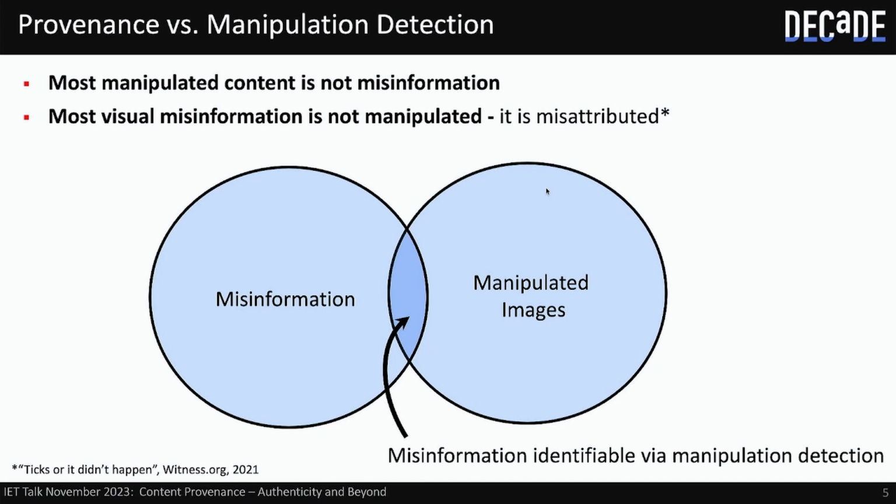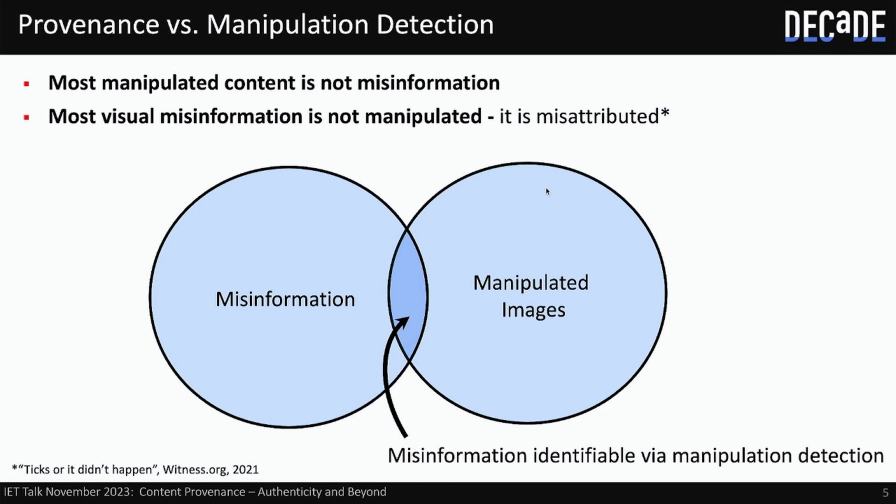It's just images that have been used to tell a false story, unaltered images that have just been misattributed. And actually, when you look at imagery, most of it is manipulated anyway. It's been touched up, it's been cropped, it's been white balanced, whatever. That intersection between manipulated images and misinformation is actually super small.